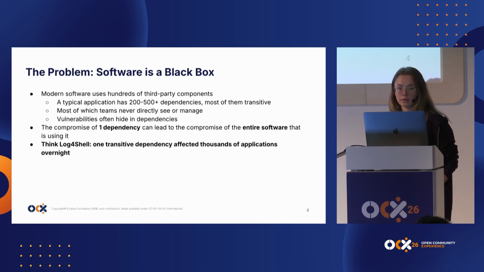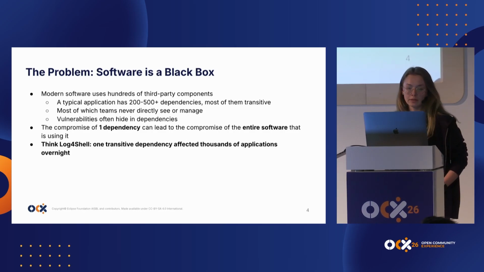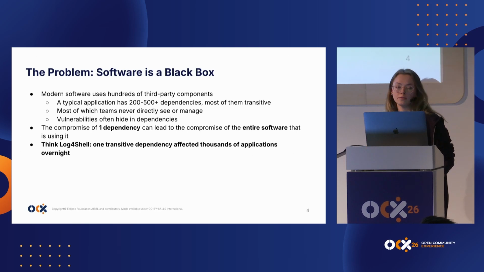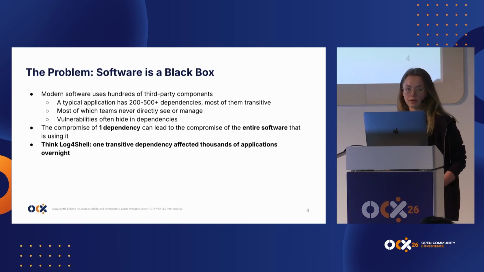So these are never directly seen or managed by someone. They just come along in your project. And this is also a place where vulnerabilities often love to hide. So there's a risk: the compromise of one such transitive dependency can lead to the compromise of the entire software that is using it.